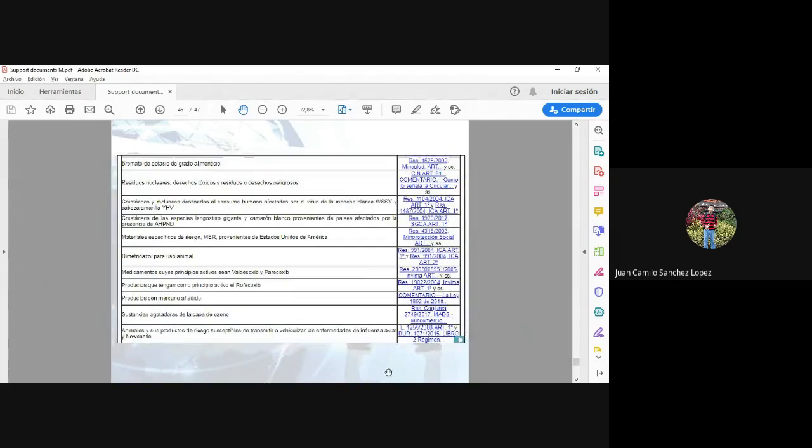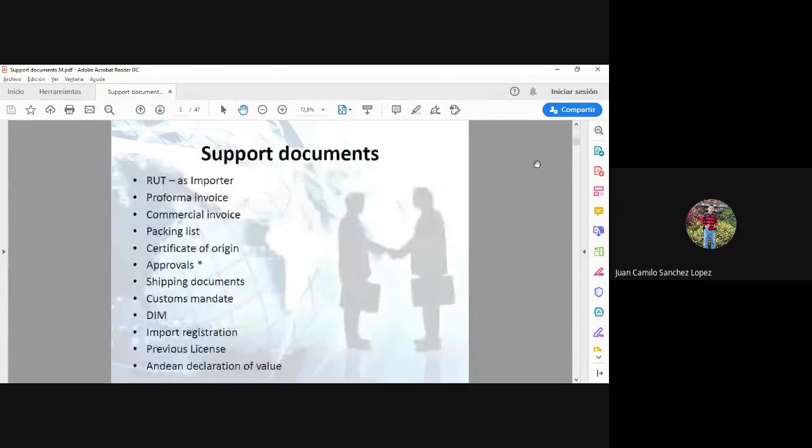Okay, so remember, going back to the beginning: those documents from route until customs mandate apply for exporting and for importing. The import declaration, import registration, previous license, and Andean declaration of value are exclusive to importing.